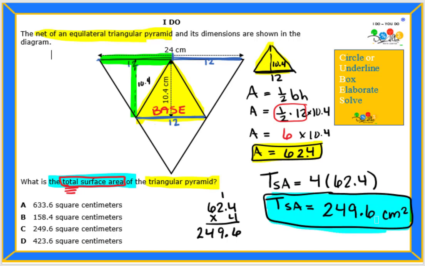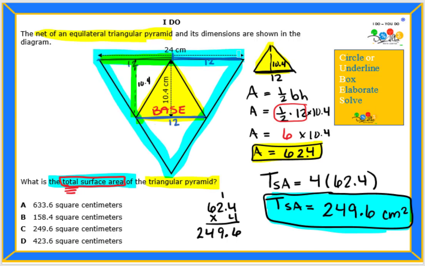249.6. Now I want to talk about another way we could do this one, and it's only because if I look at this triangular pyramid's net, it is all one big triangle. Do we see that? Can you see this big triangle?